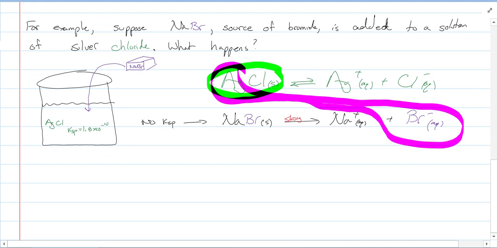So if you look at AgBr, Ag+ and Br-, that has a KSP of 3.3 times 10 to the negative 13. So I added a soluble compound to a solution.